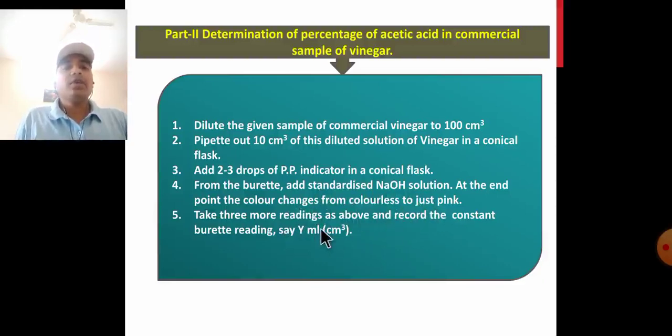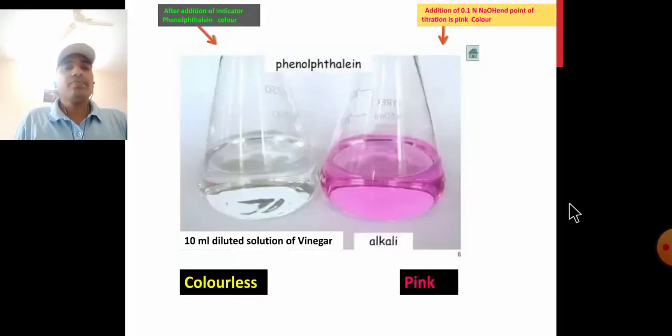Take 3 more readings as above and record the constant burette reading, say as Y ml or Y cm cube.